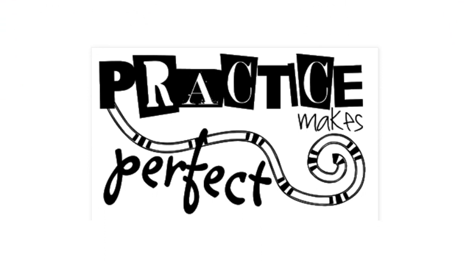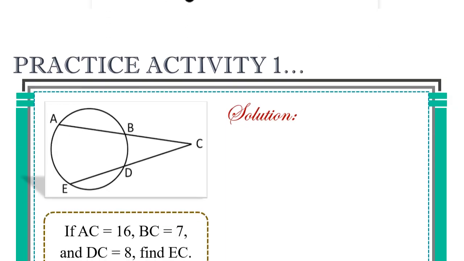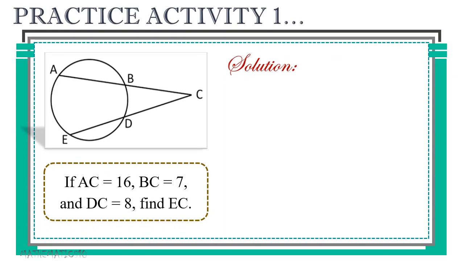Okay, so let's have this practice exercise. Okay, next we have here, before we start our solution, so better if we write our given data here in our illustration, so that it will help us analyze the problem easily, or else make the necessary solution afterwards.